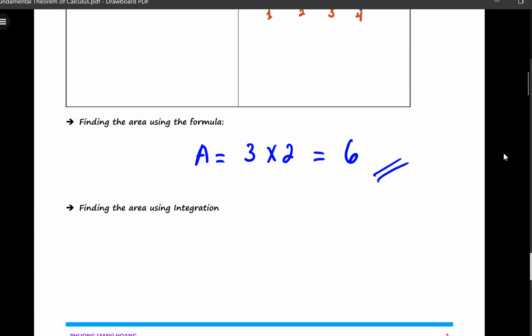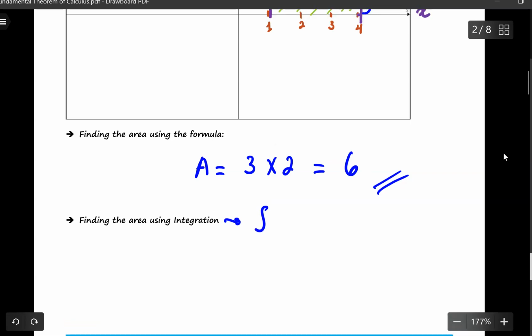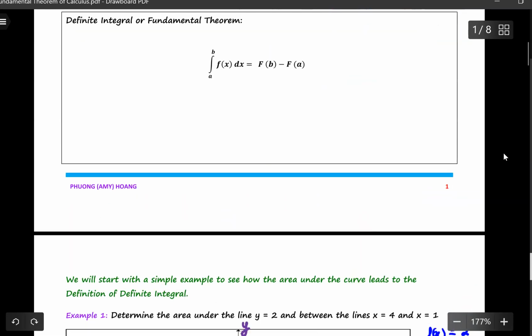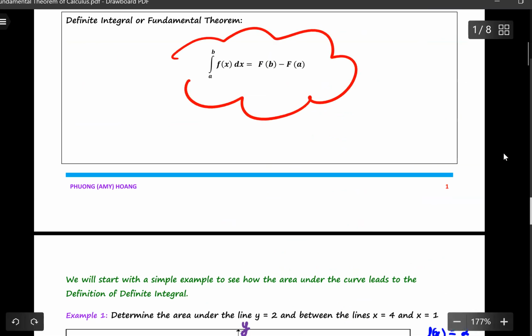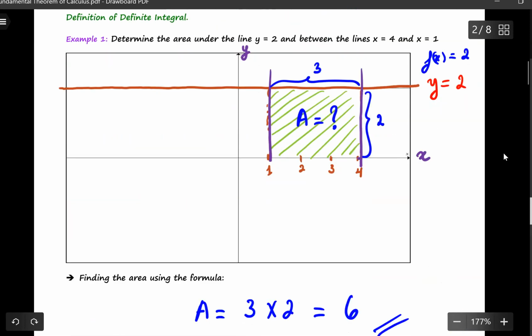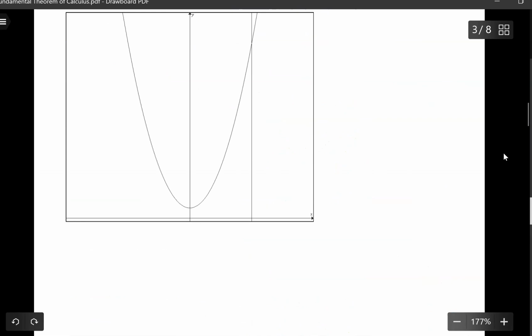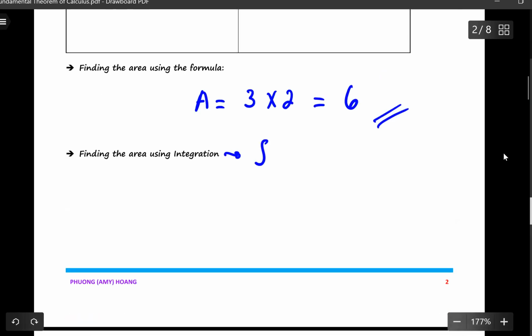I'm going to write the integral from a to b. Here is the formula that I need to remember for myself. It's summarized in that formula. So I will write it as the integral from a to b, which is from 1 to 4.